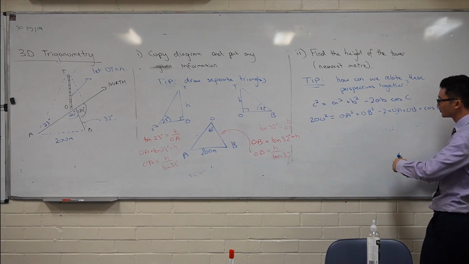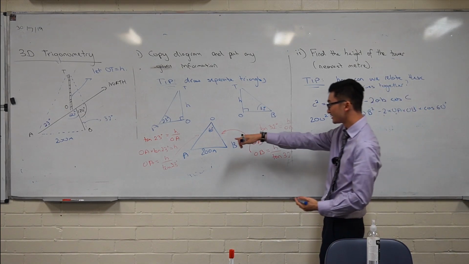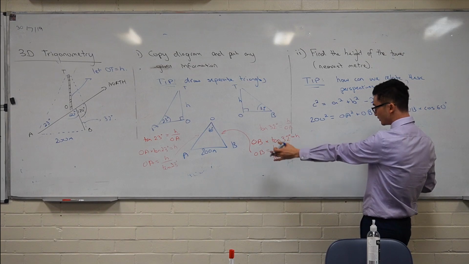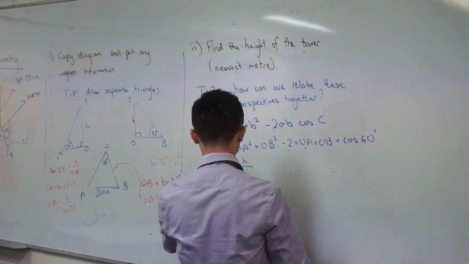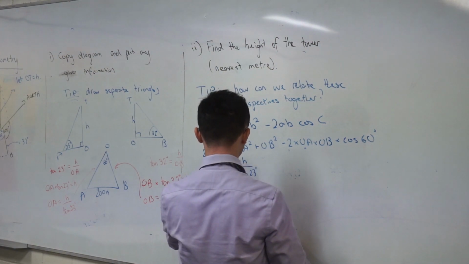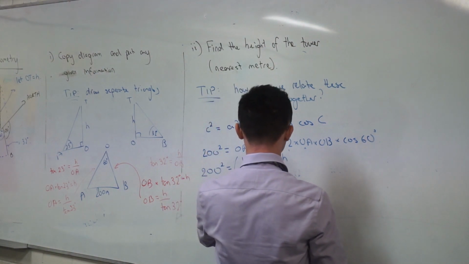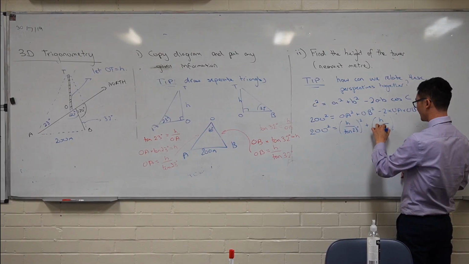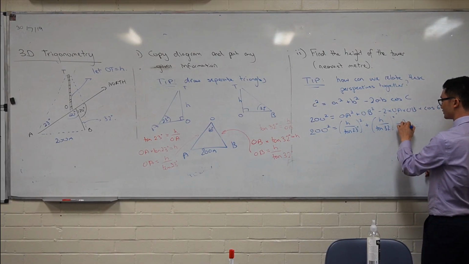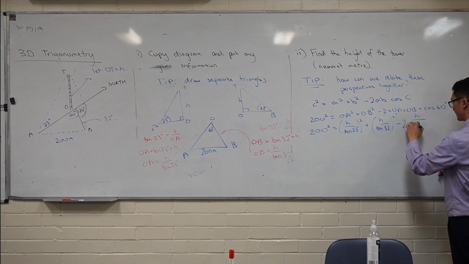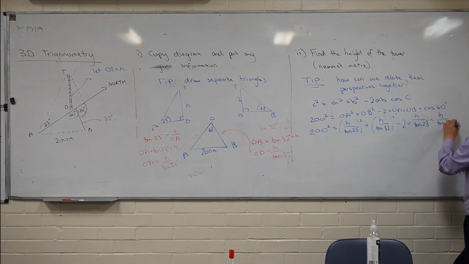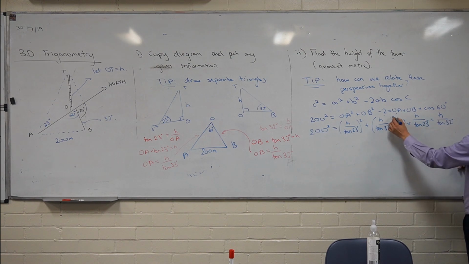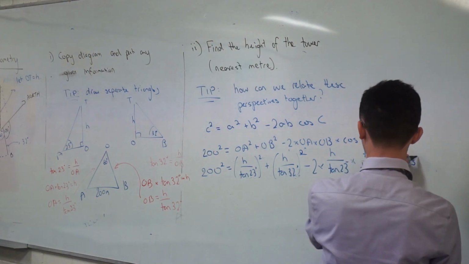So how is this going to help us? Well, we know now what OA and OB are. We can just substitute those in: H on tan 23 and H on tan 32. So H on tan 23 all squared, plus H on tan 32 all squared, minus 2 times H on tan 23 times H on tan 32 times cos 60.